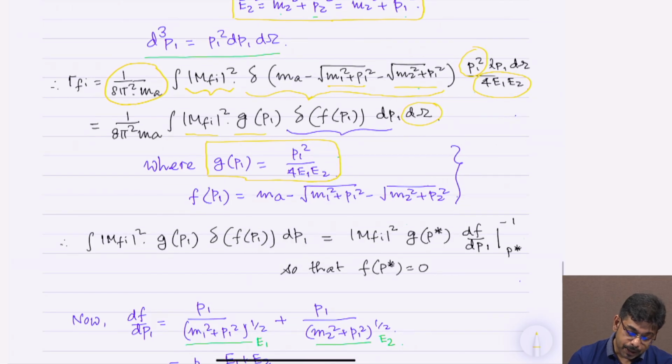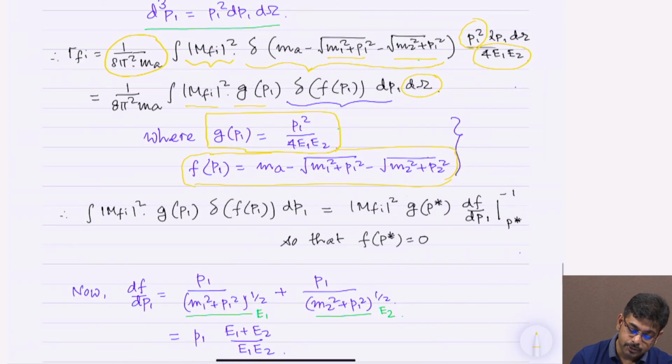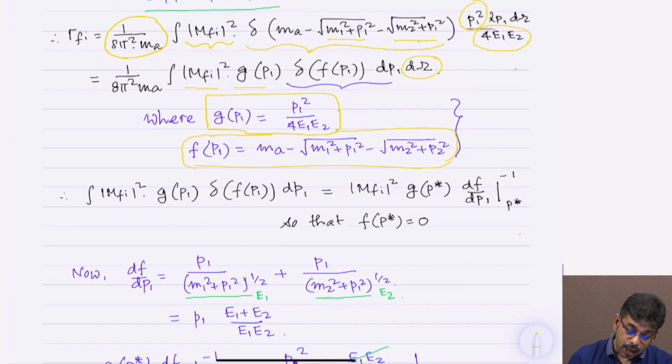So, what is f(p1)? f(p1) is nothing but the function inside the delta function, which is Ma minus the square root of m1² plus p1² minus the square root of m2² plus p2², evaluated at p1.